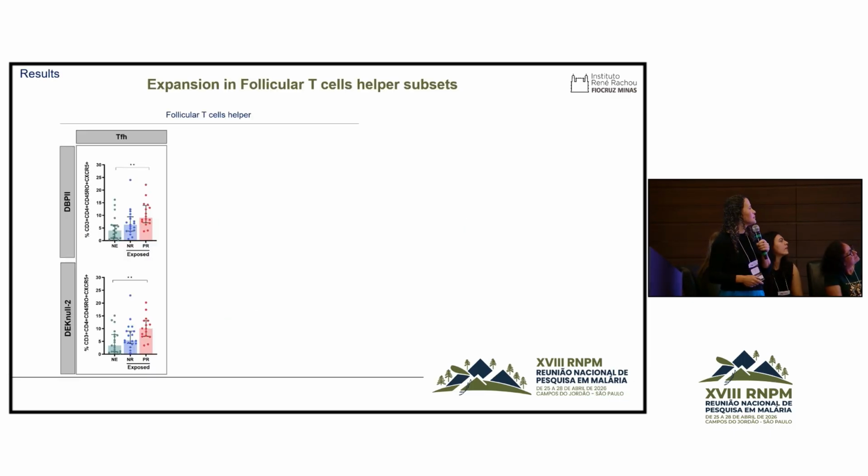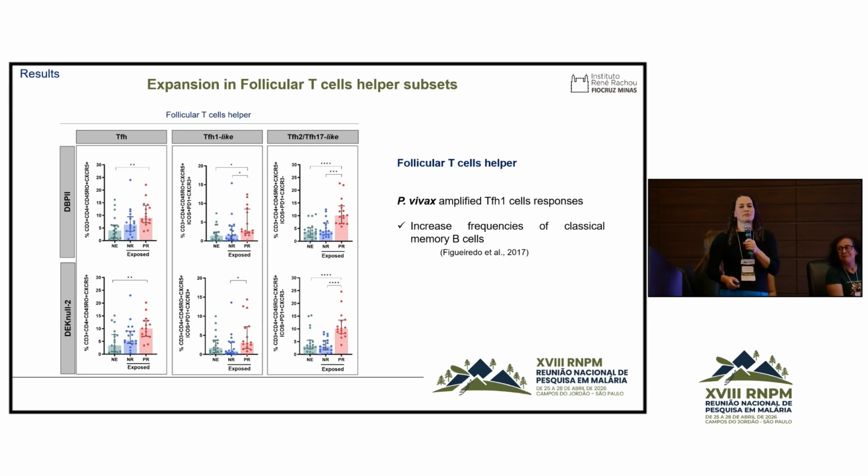And the first result that I'm going to show you, you may see in red the persistent responder according to the two antigens, reminding you that the follicular T cells help produce antibodies and T cells.